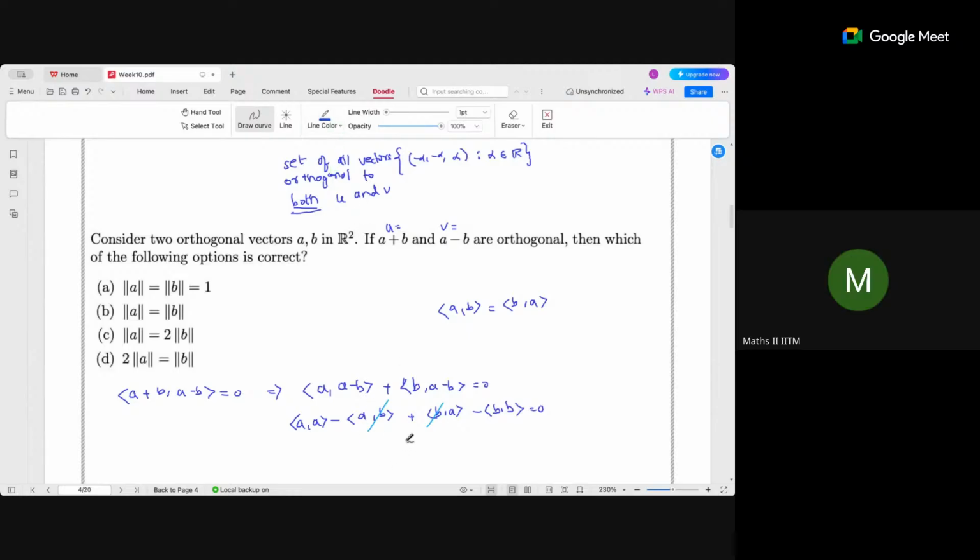What is left is the inner product of a, a equal to the inner product of b, b. So norm a square equal to norm b square. So norm a equal to norm b. Yes or no? Yes, correct. So option B is correct. Clear?